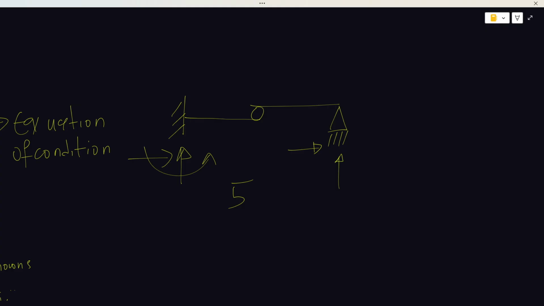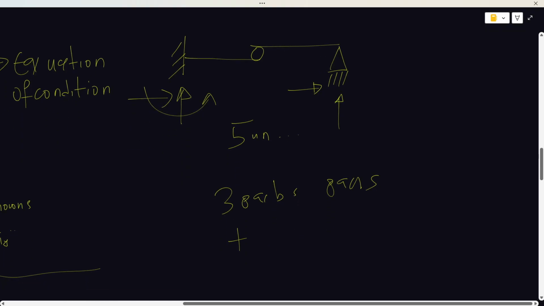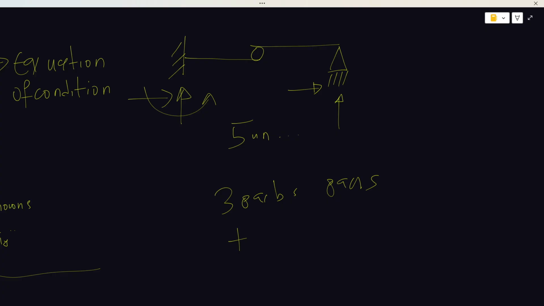So it has 5 unknowns. But how many equations? Let's see. It has 3 equilibrium equations. Plus, remember, internal hinges provide 1 more equation, but internal rollers provide 2 equations. So making 5 equations.